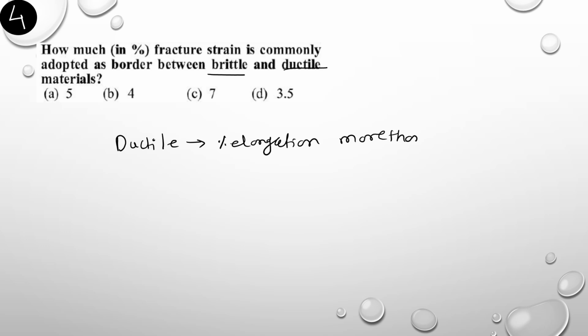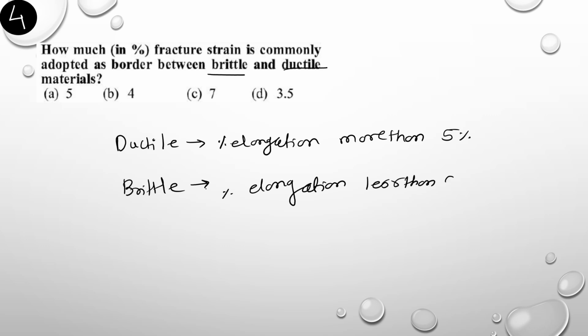In case of brittle, the percentage of elongation is less than 5%. So for the border the percentage is 5. So option number first is correct. 5% of fracture strain is commonly adopted as the border between brittle and ductile.